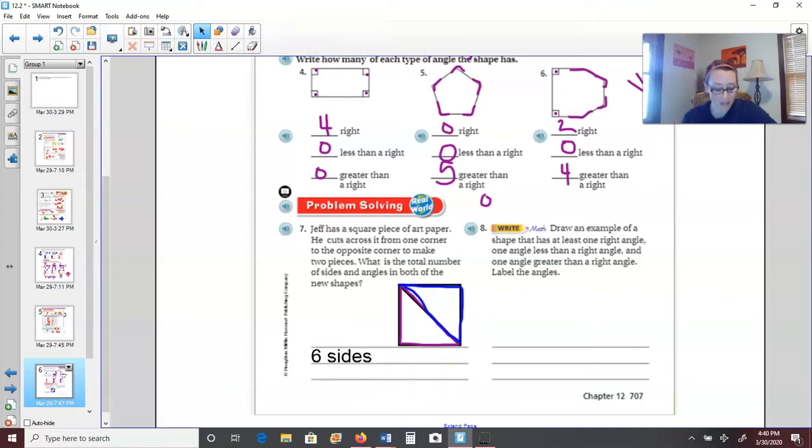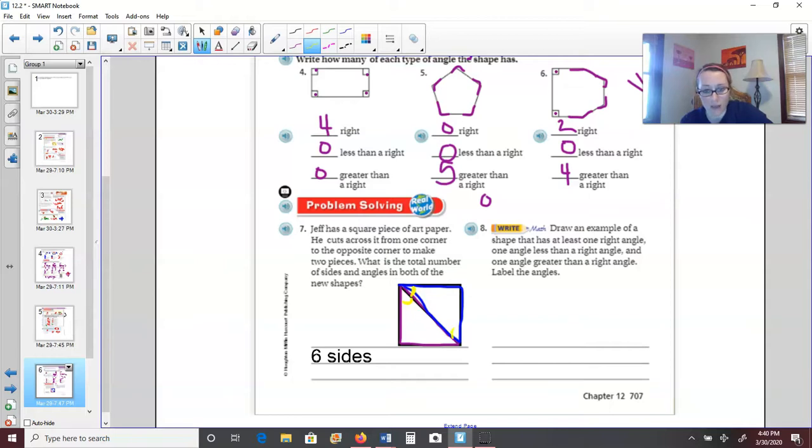6 sides, and we have to also tell how many angles the shape has. Remember, angles are formed between 2 sides connecting at the corner vertice. So here's an angle. That's an acute angle. It's teeny tiny. It's acute. Here's another acute angle. So there's 2 teeny tiny acute angles.